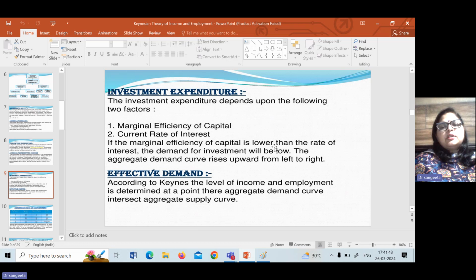If the marginal efficiency of capital is lower than the rate of interest, the demand for investment will be low. The aggregate demand curve rises upward from left to right. According to Keynes, the level of income and employment is determined at the point where the aggregate demand curve intersects the aggregate supply curve.